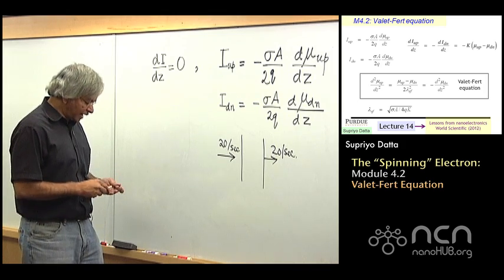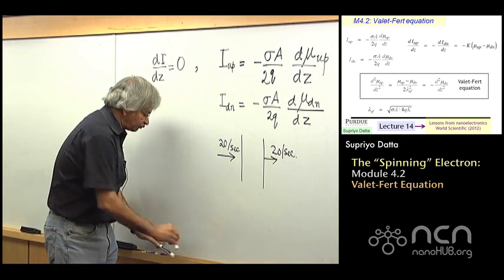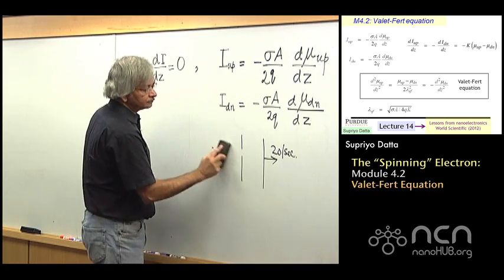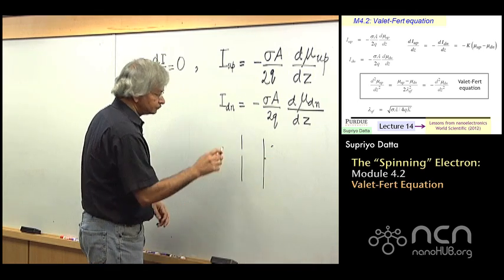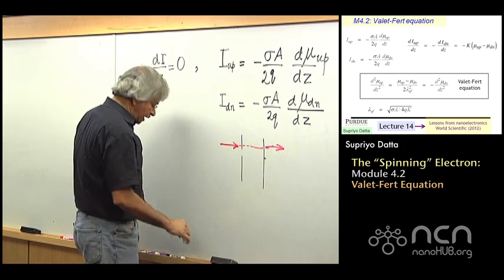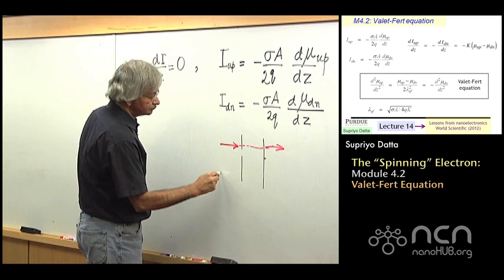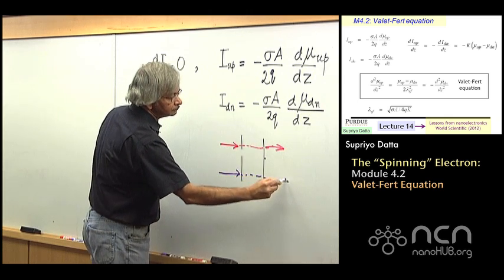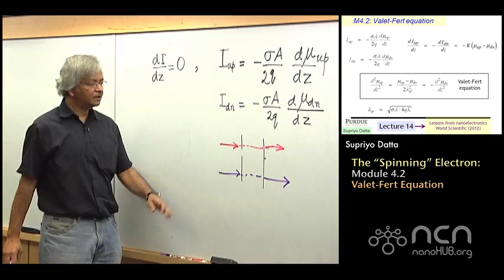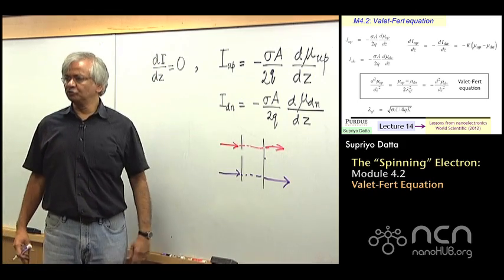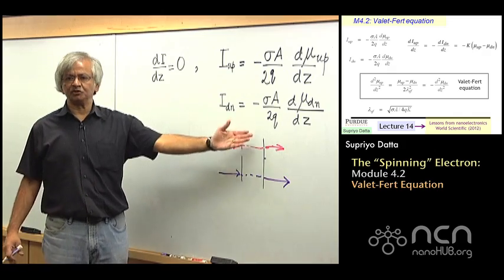But now what we have is sort of two separate lanes. You have the red channel and a blue channel. So it's two separate lanes. And of course, if they don't talk to each other, then you have the same situation with both.